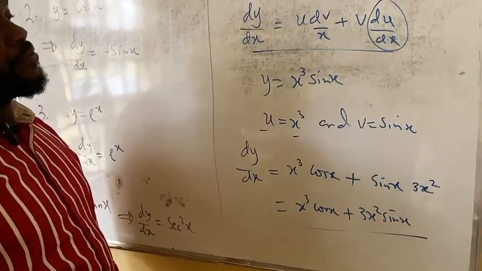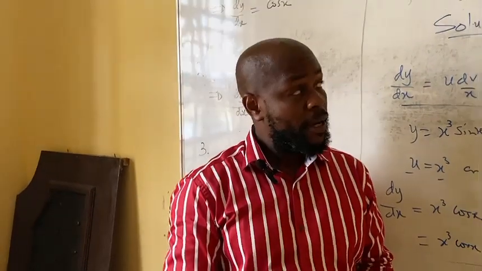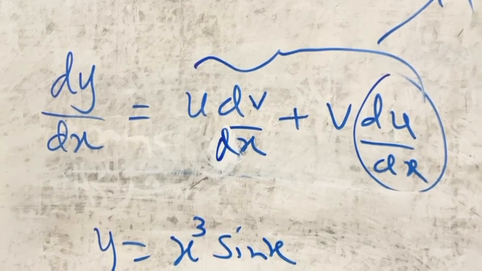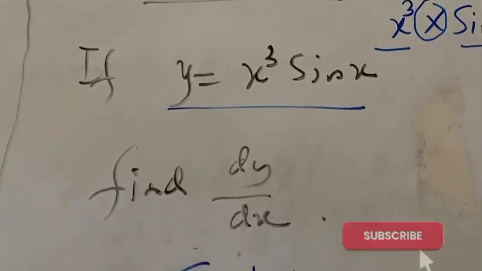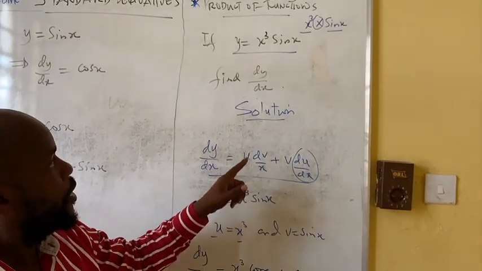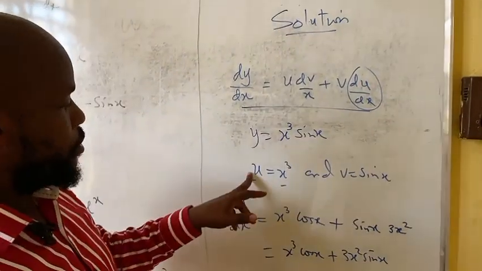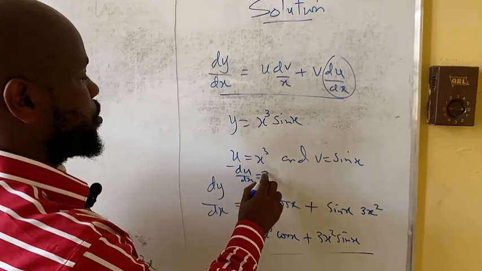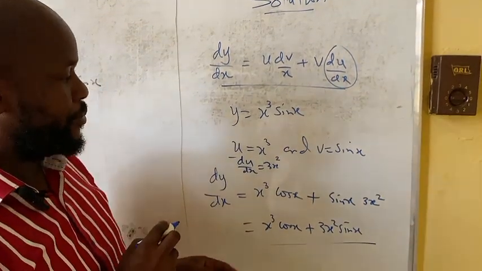At this point, we've been able to differentiate this function, y equals x cubed sine x. This is a sort of recap. We want to go back to the steps we used to differentiate this function. We used this formula to find the derivative of x cubed sine x. We call x cubed u, and we call sine x v. If we differentiate u with respect to x, it equals 3x squared, just the normal way we differentiate a polynomial.